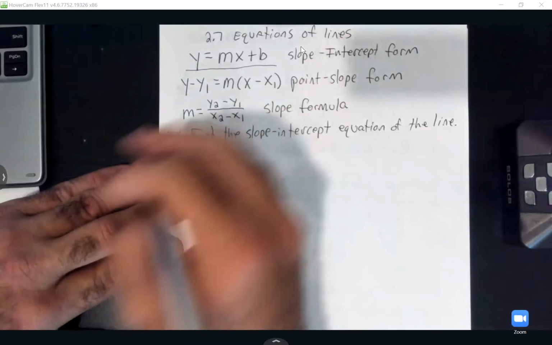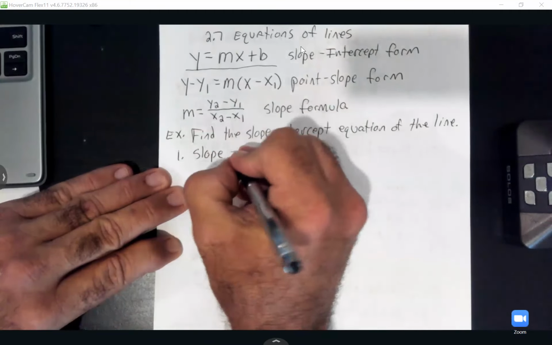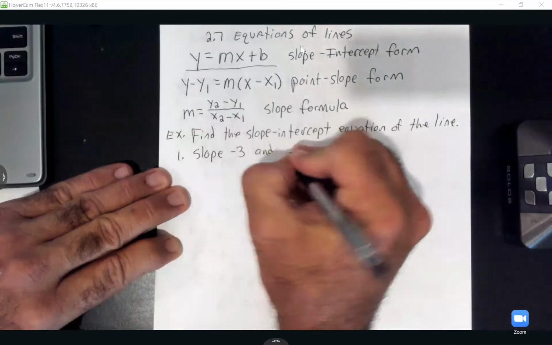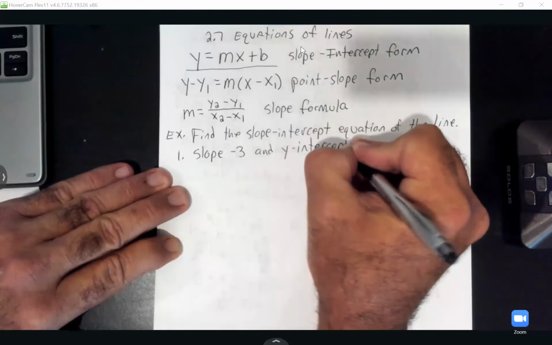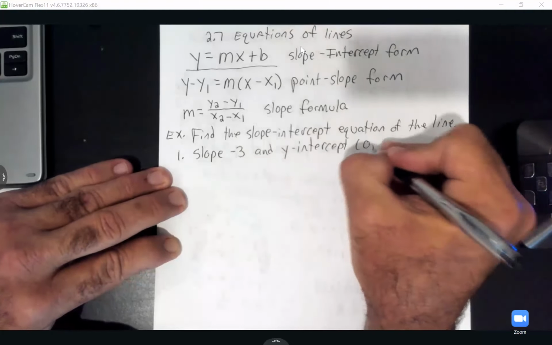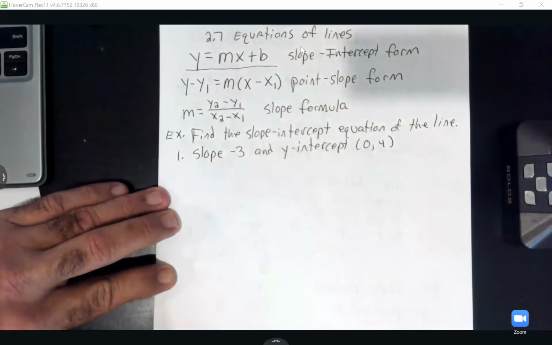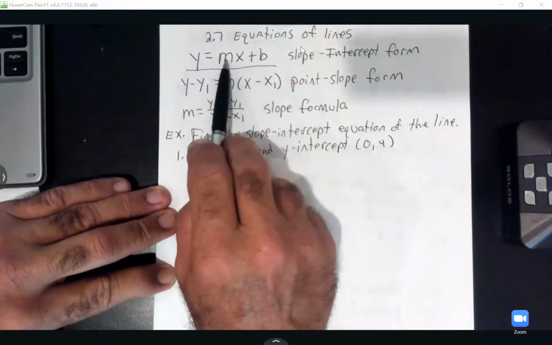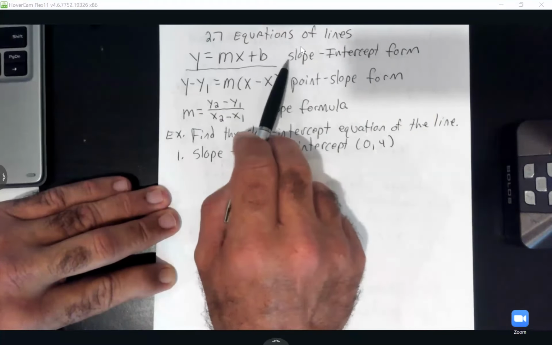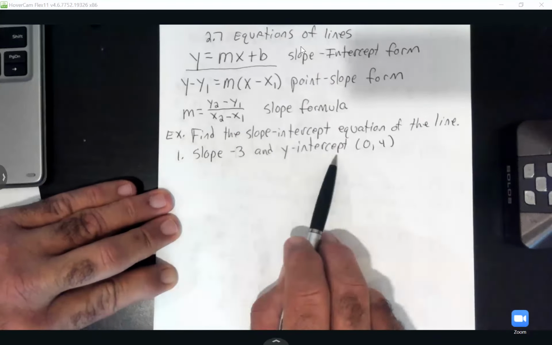All right, so look what they're giving me. They're telling me the slope on this one is -3, and I have a y-intercept of (0, 4). So y'all, I'm going to the first formula, because all I need to put into this first formula is the slope and the intercept, which is the y-intercept. They're giving me both of these.